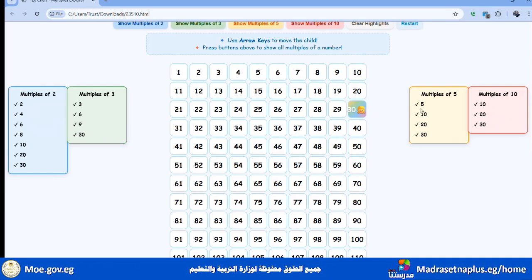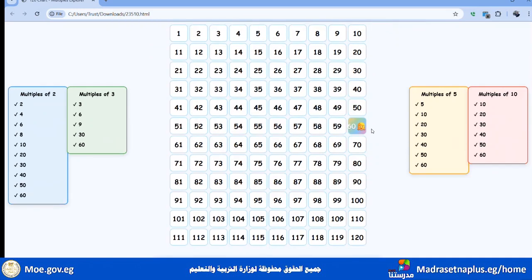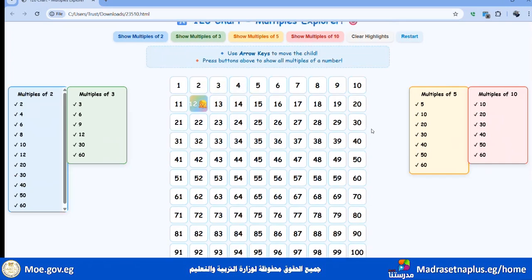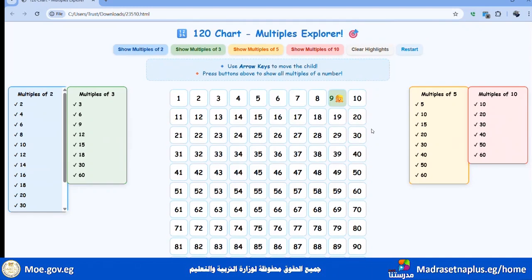You can see 30 in all. If I go down, 60 is in all. 6 and 12 are in 2 and 3. 10 is in 5 and 10.